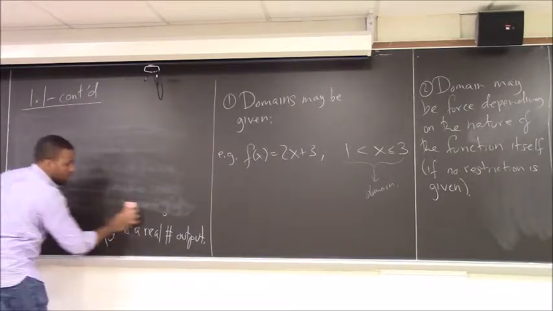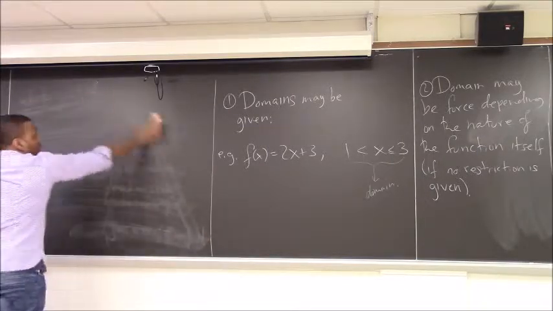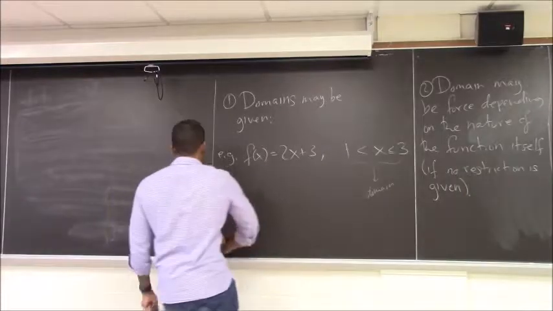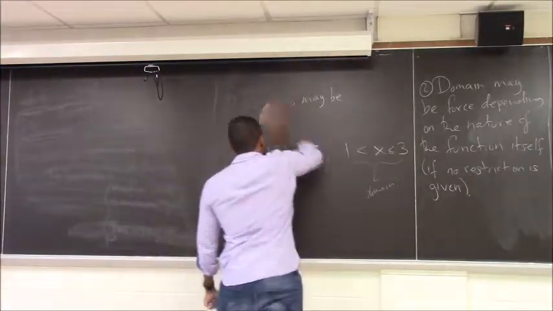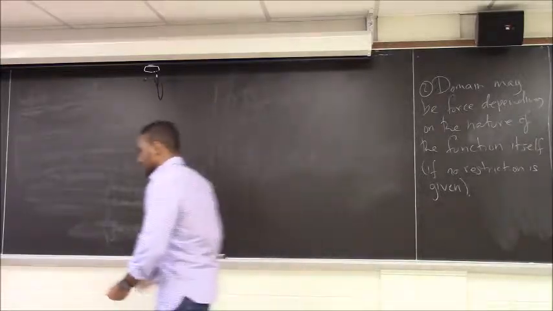So I'm going to mention the important functions in this class, and how to find their domains, which, again, should be a review for you. You should have seen this at some point in algebra, at the very least in pre-calculus.